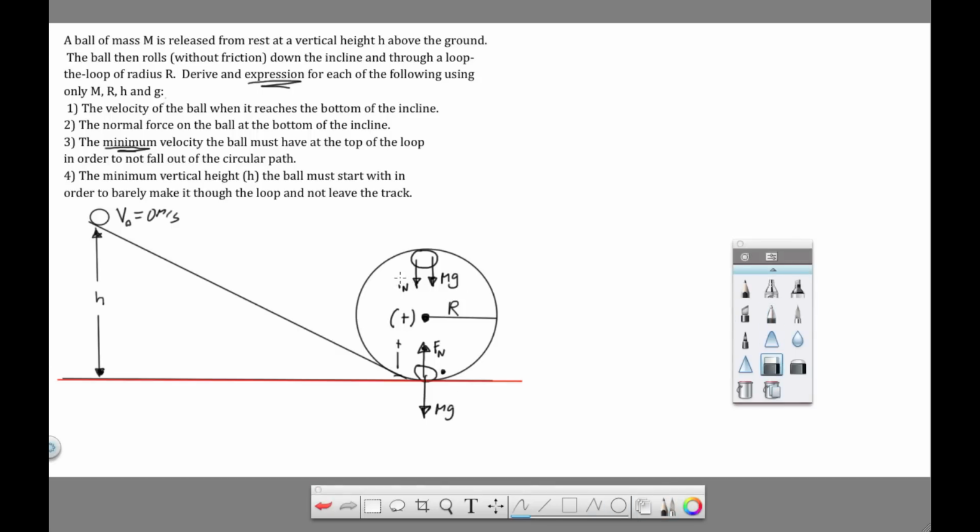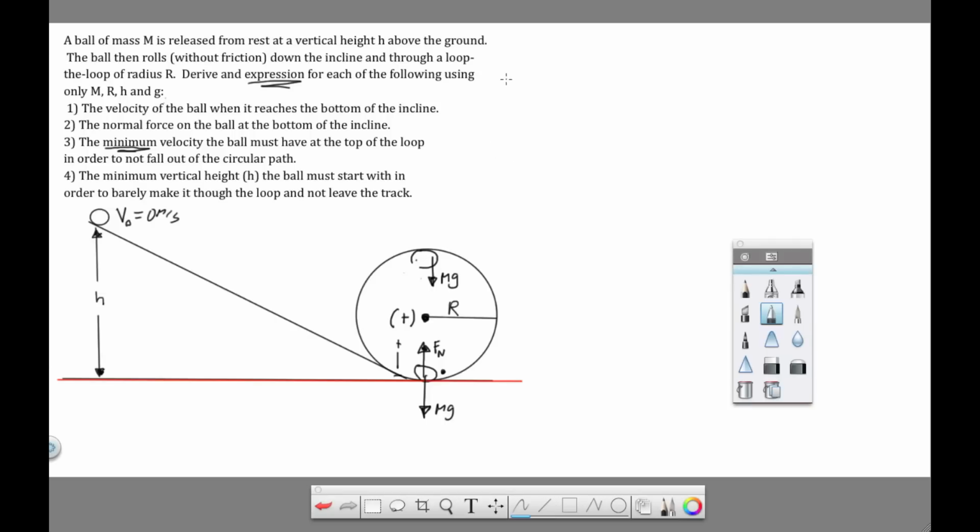When the ball barely makes it through the loop, the only force acting down on the ball is mg. Or another way to look at it is you could keep the normal force and set it equal to 0.0000000001. So the normal force is barely there, but for all practical purposes, the normal force just goes to 0.